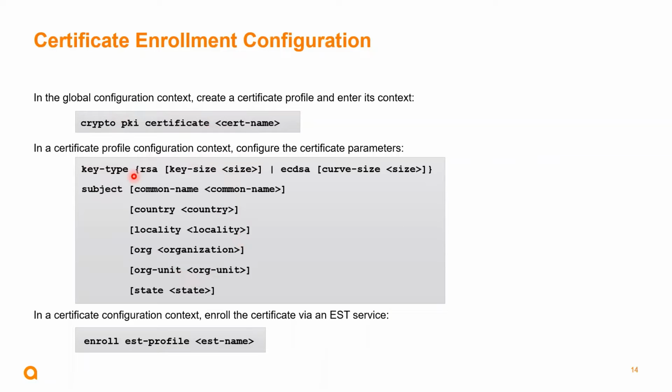In the certificate context, we can mention the key type and the key size and certificate parameters like subject, common name, country, locality, organization unit, and state. Once we configure all the certificate parameters, we need to mention the method in which the certificate can be enrolled. Here we are planning to use EST. So we have to mention that enrollment is via the EST profile and then the name of the EST profile that was configured before.